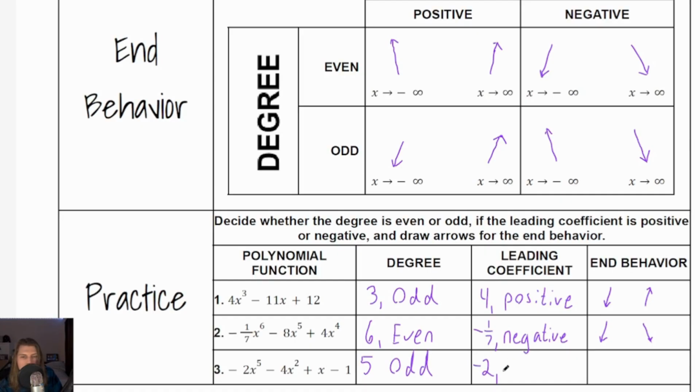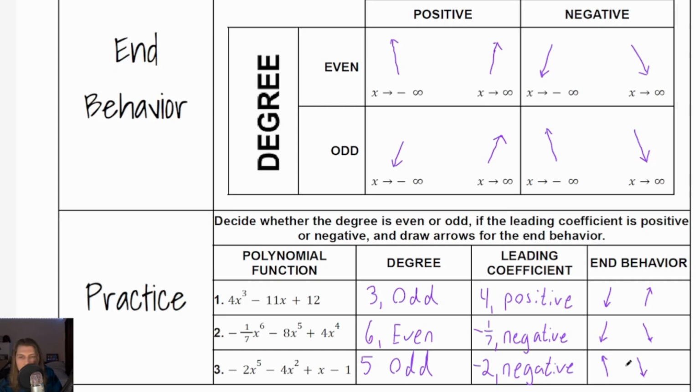So this is negative. So our end behavior, again, we're going to look at the graph and decide that a negative odd degree goes up and to the left and down and to the right.